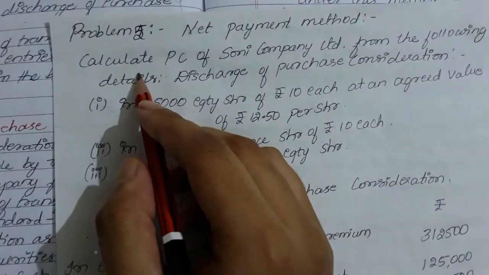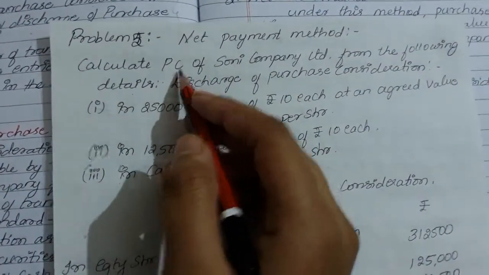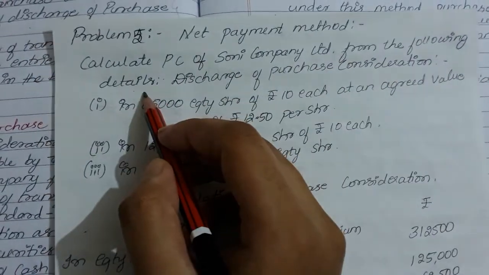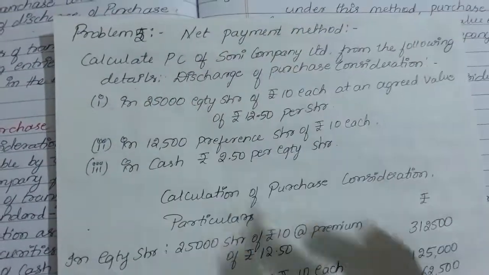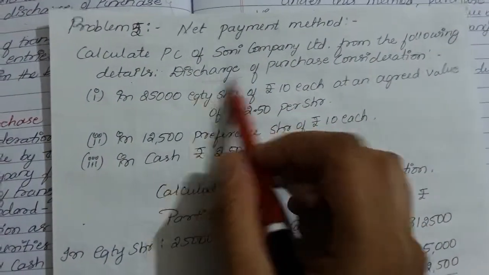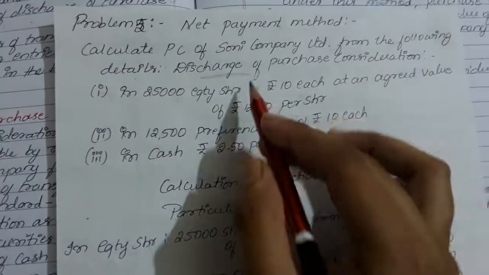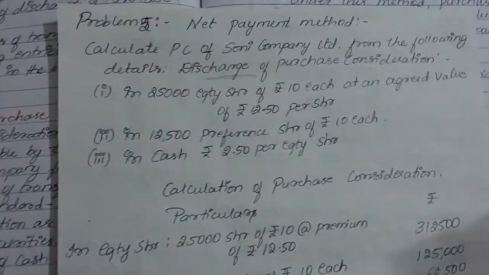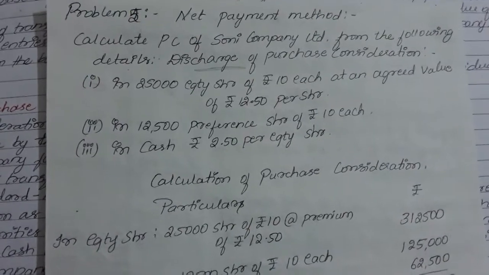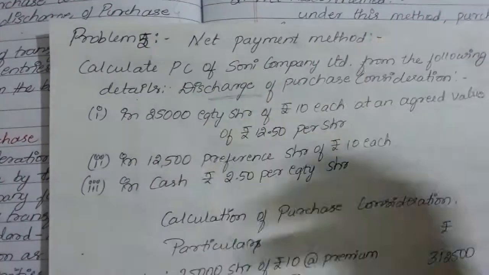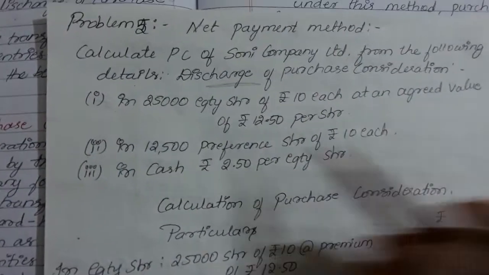The question states like this: calculate purchase consideration of Sony Company Limited from the following details. So we need to calculate the purchase consideration. In the question itself they have mentioned how to discharge the purchase consideration, and we need to calculate the value of the purchase consideration.